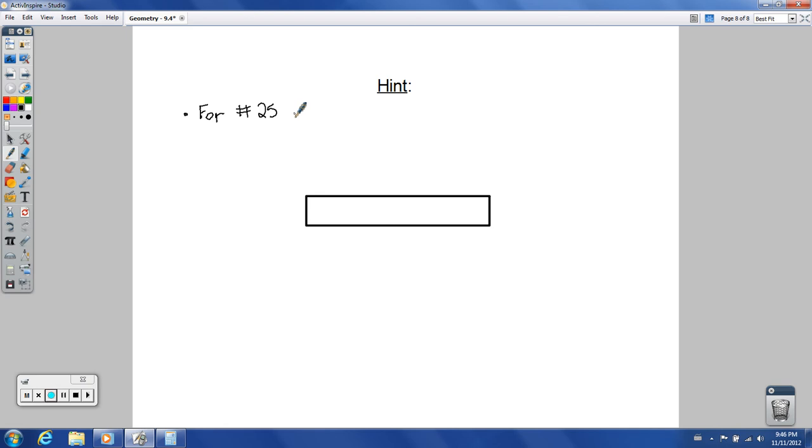So for number 25 and number 27, see example 5, sorry, see example 5 on page 553 for help.